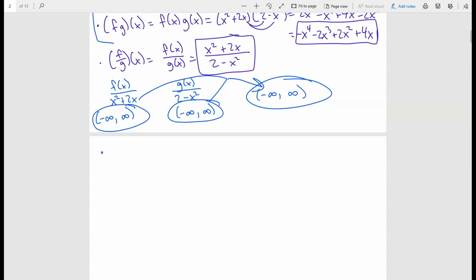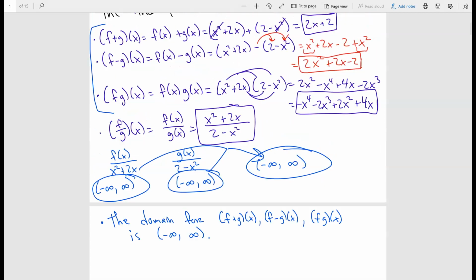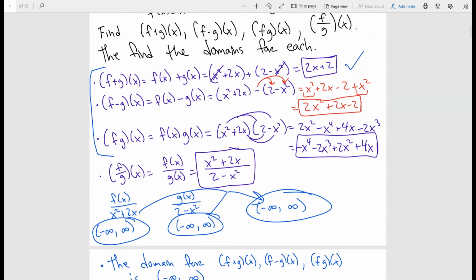So what this means is the domain for f plus g of x, f minus g of x, and f times g of x is all real numbers, from negative infinity to positive infinity. And you can see why, because these answers are just polynomials, okay, which is all real numbers.